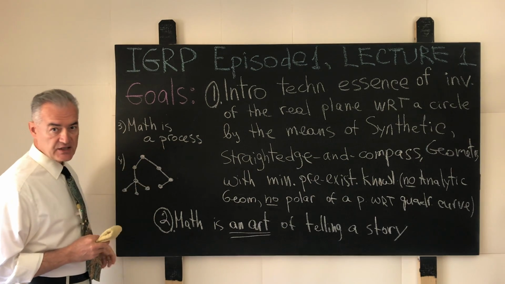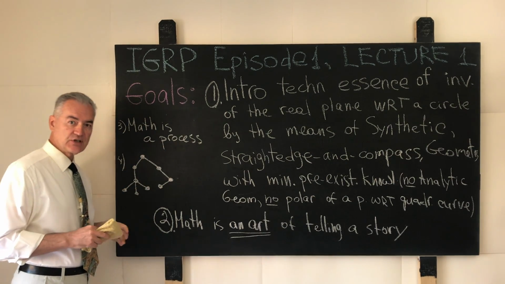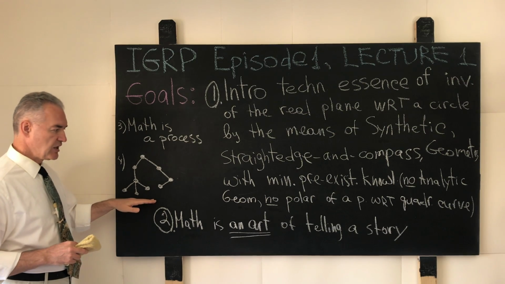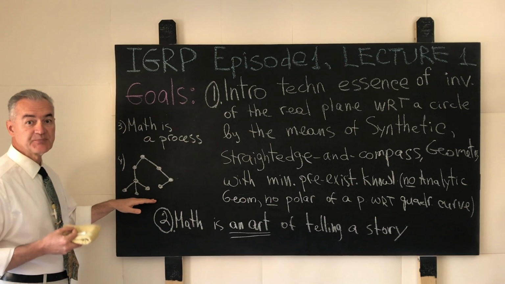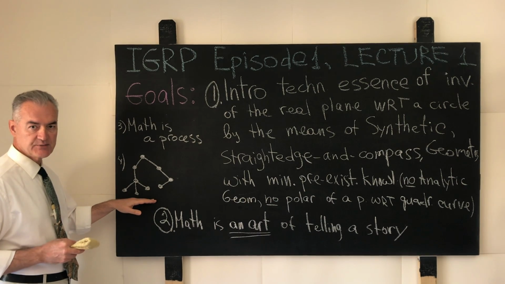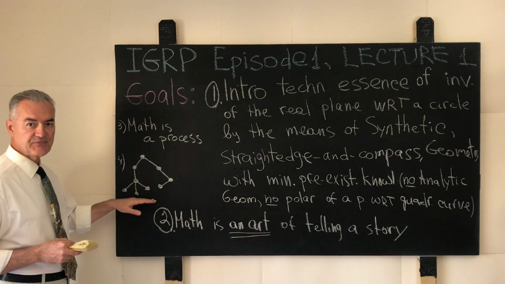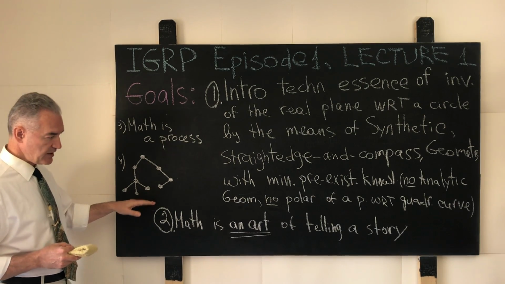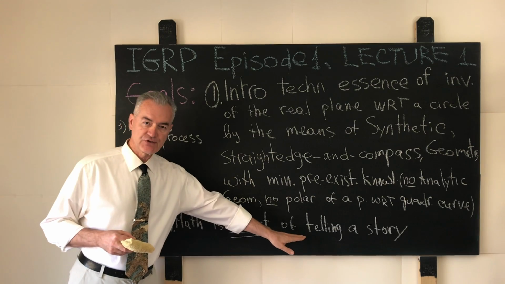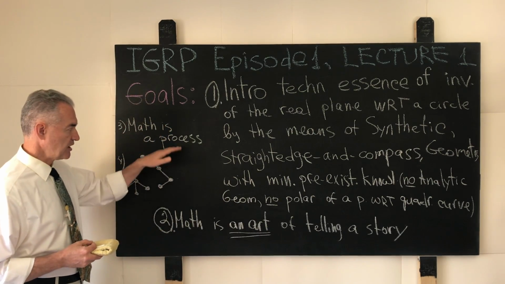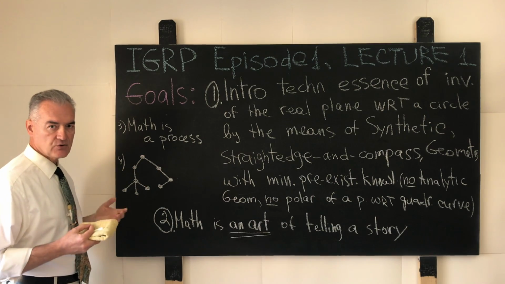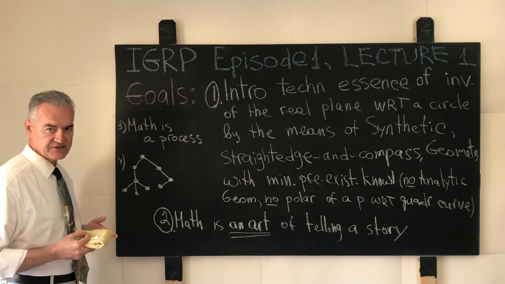And the second secondary goal of this course is to show how a specific layer of mathematics becomes the specific layer of mathematics and is developed, precisely because mathematics is an art of telling a story, and the act of telling many such stories becomes a process. And how does this process manifest itself?